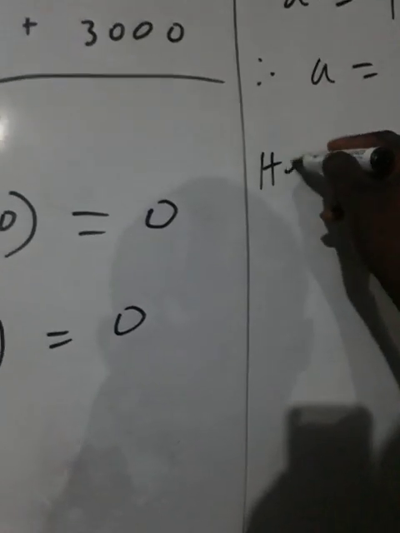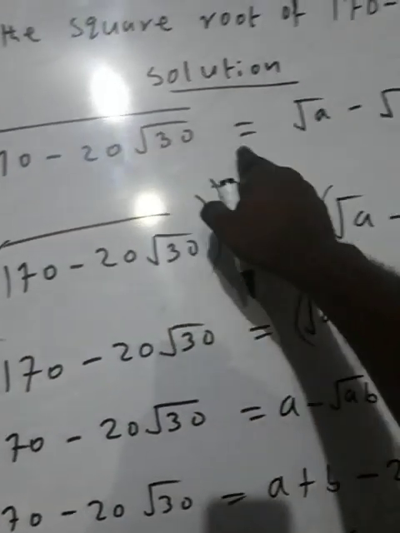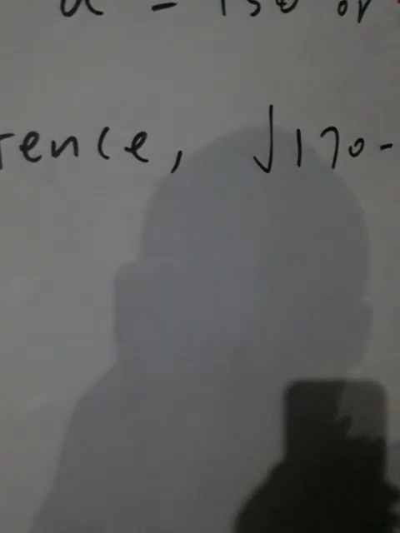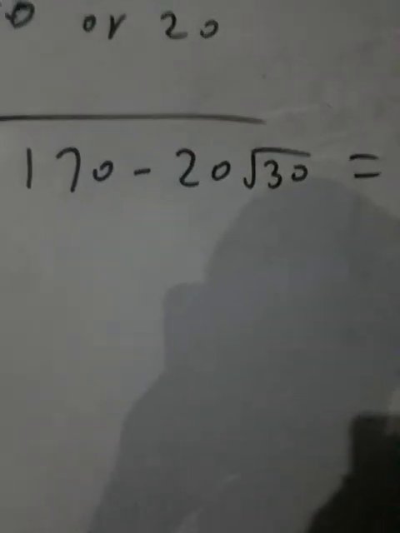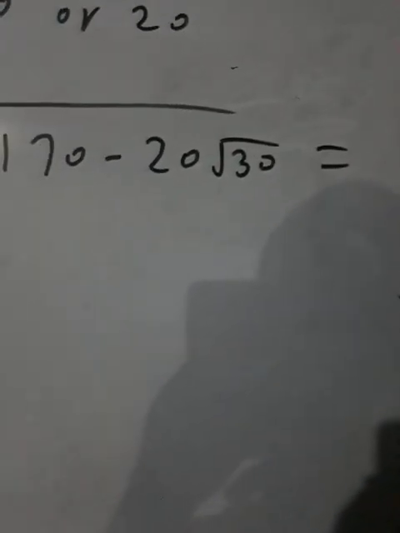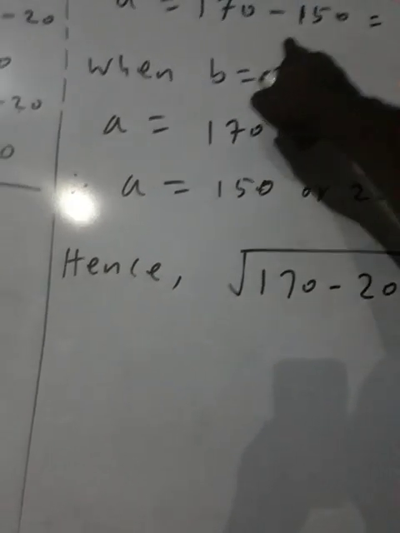Hence, root 170 minus 20 root 30, which is equal to root a minus root b, we can take a to be 20. Okay, let's take the value of a at 20.